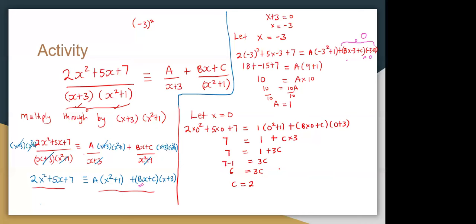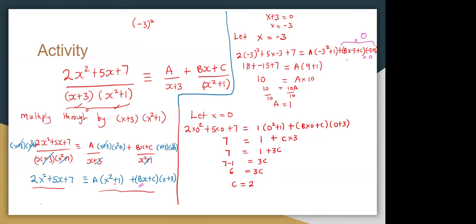So the next one is finding out what your B is. Now for that one, always feel free to use any value apart from the factors themselves. Take an example. You cannot equate x squared plus 1 to 0 because you'll get an imaginary root.